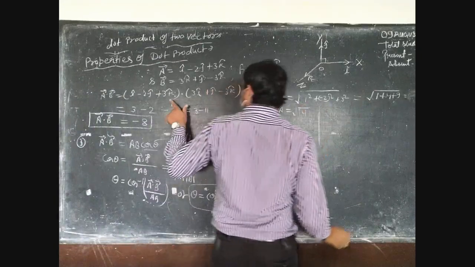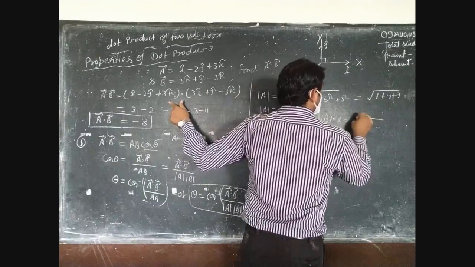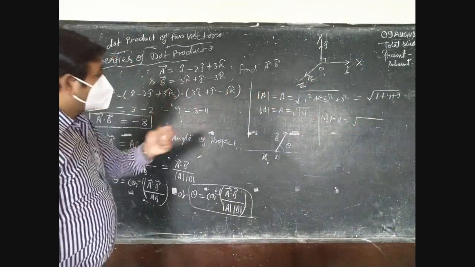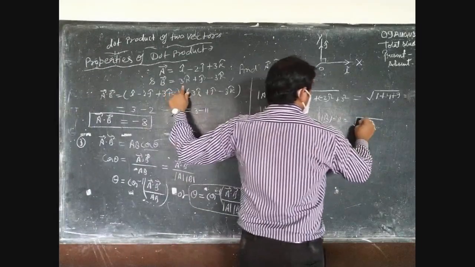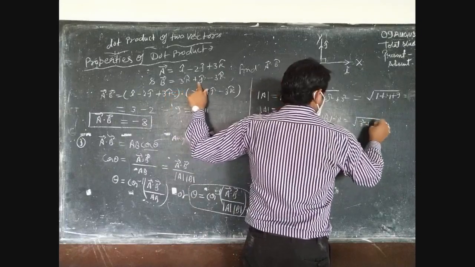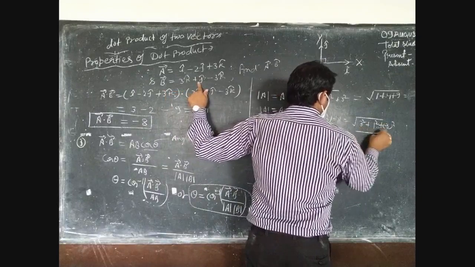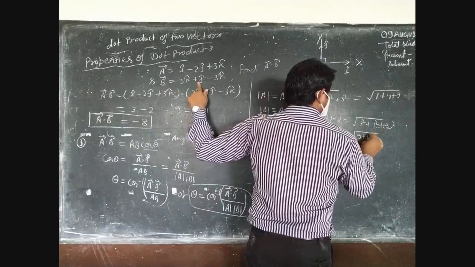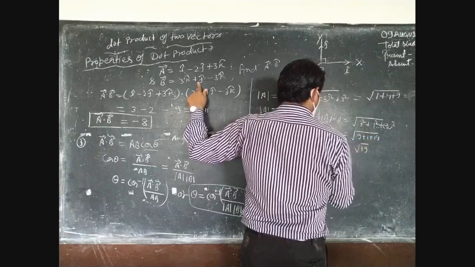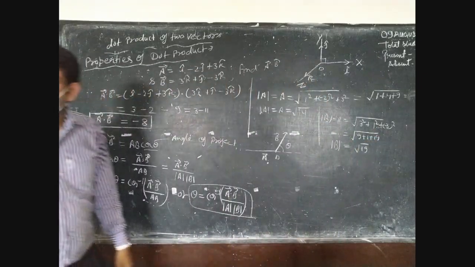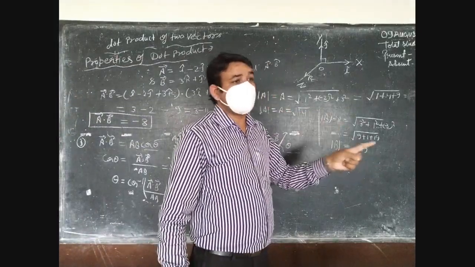Okay, similarly you can calculate the modulus of vector B, which is equal to the square of 3, square of 1 and square of minus 3. This is 9 plus 1 plus 9, which is under root 19. This is the modulus of vector B. Always when you calculate the modulus, you also have to write the unit.